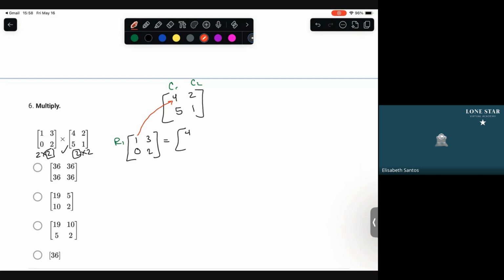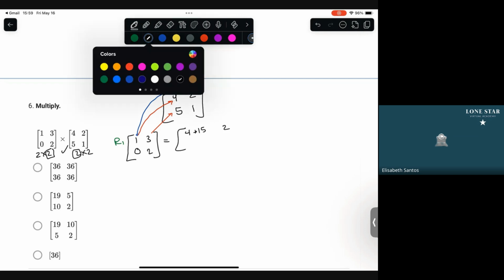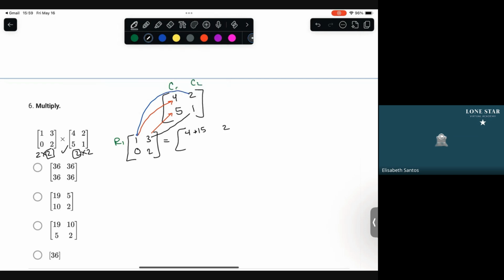Then we're going to multiply 3 and 5 together, which gives us 15. We're going to add those later. Now we're going to go to the second column. So 1 times 2 is 2. 3 times 1 is 3. Let me add them.